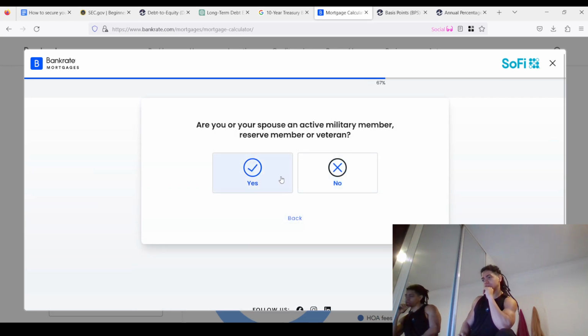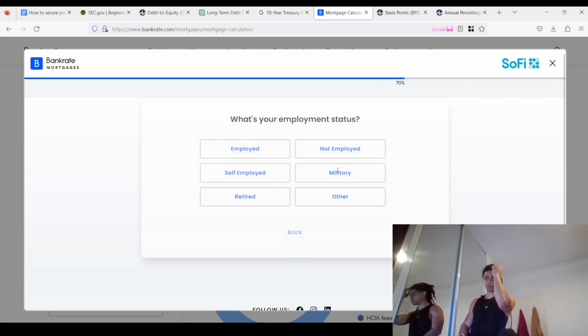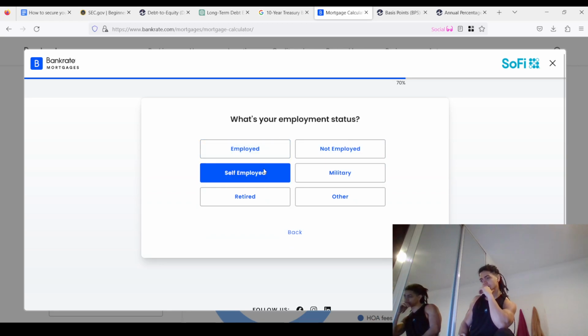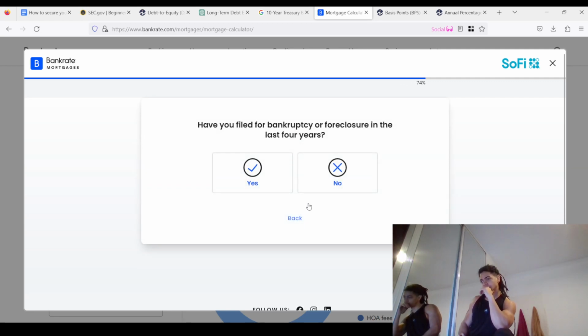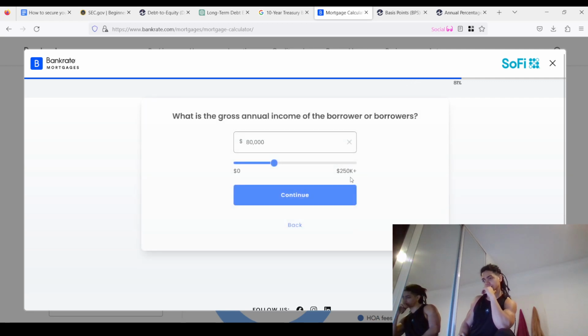Are you or your spouse an active military member or reserve member or veteran? No. What is your employment status? No. What is the annual gross income of the borrower or borrowers? Annual income.